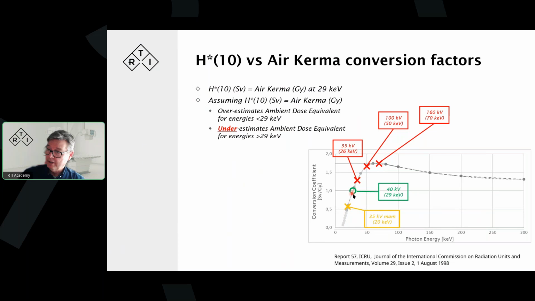So here we're underestimating ambient dose equivalent, the Sievert values, if we're approximating it with the air kerma. And here we might be overestimating it, because we have a conversion when we're doing the conversions of it. So there's a risk as well when we're in that area.